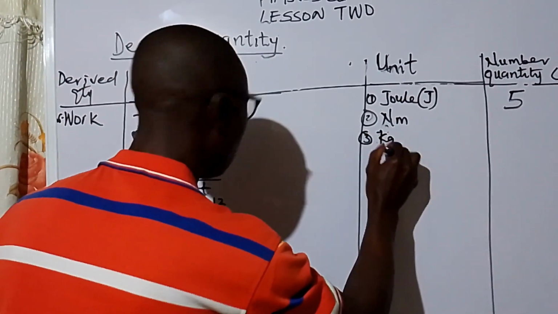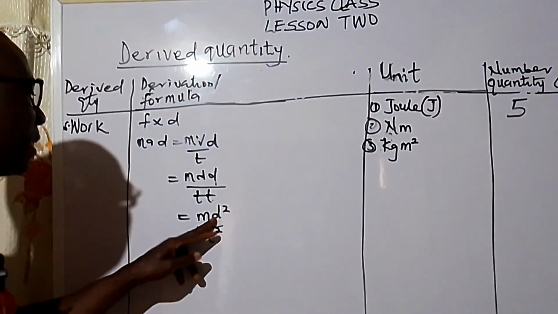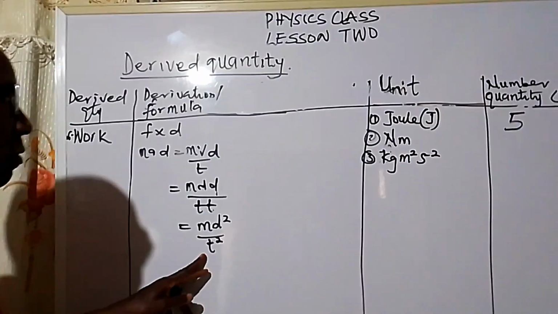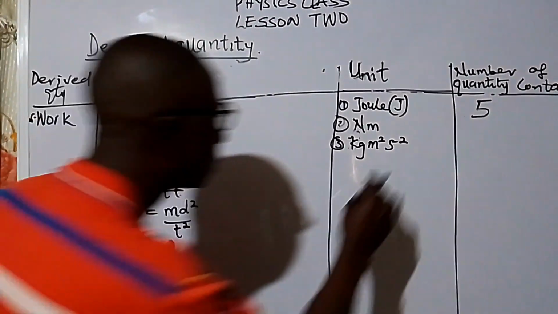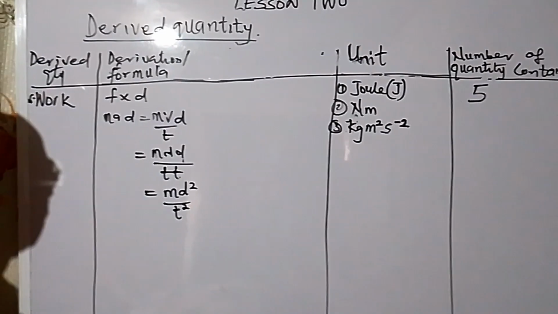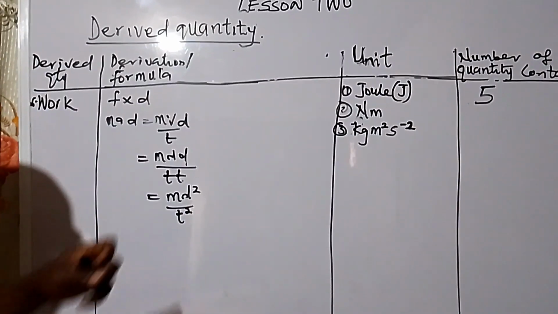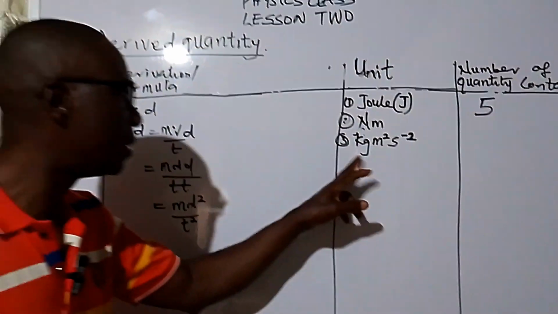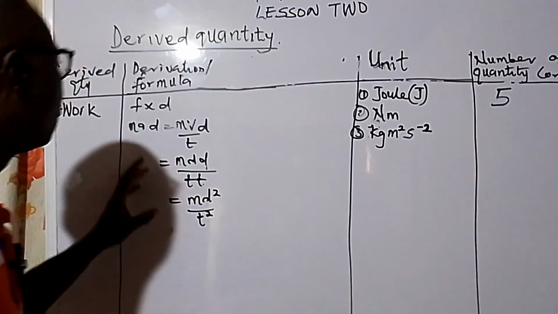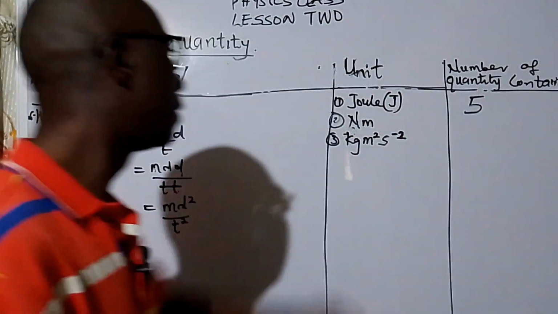Kilogram for mass, meter for d, and time in seconds, so meter square per second square. Don't forget, from this m d square over t square, the unit of work can also be kilogram meter square per second square. And the number of quantities that we can see from work is 5 quantities.